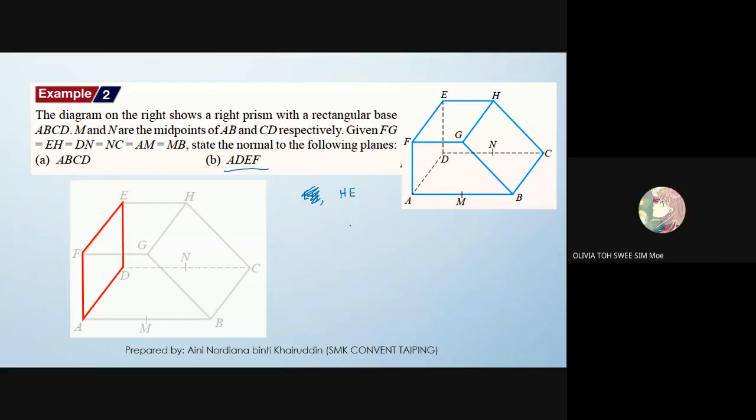Okay, more? GF. Yes, correct. GF. CD. CD. Correct. One more. BA, teacher. Correct. BA. Good. It means you already understand. So this is all for the normals to the plane ADEF.